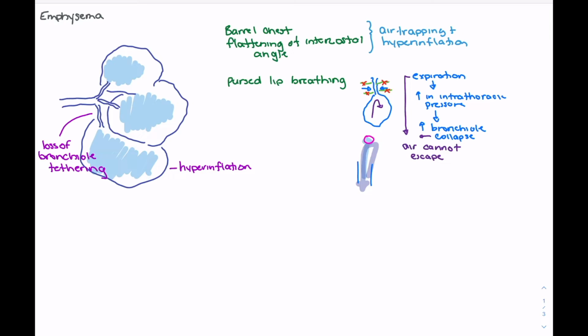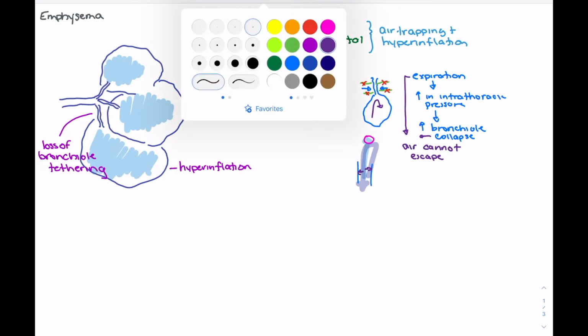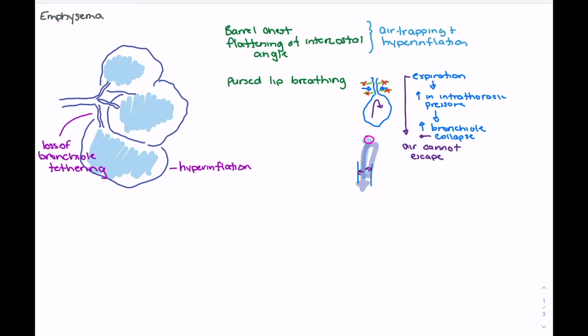I'm breathing through pursed lips, so I'm decreasing the opening in which air can escape, and as a result, I'm going to build pressure behind it. The benefit of that pressure is that it exerts itself on the walls of the bronchiole, and we're going to see some ability to counteract the intrathoracic pressure on expiration that is exerting on those bronchioles. So it helps stent the bronchioles open.